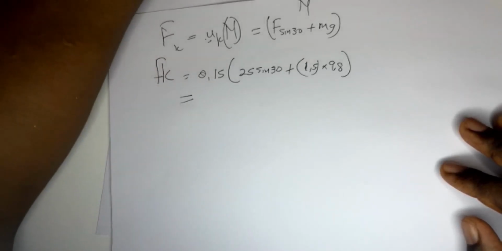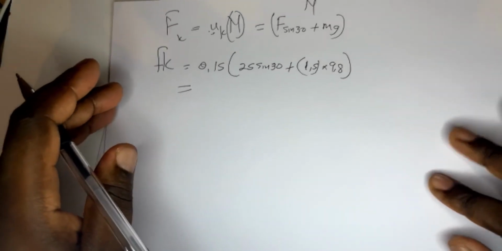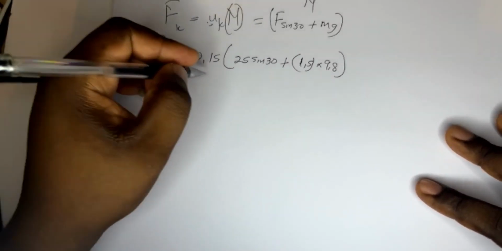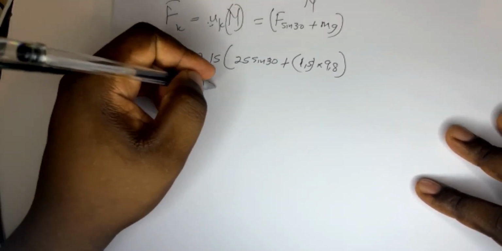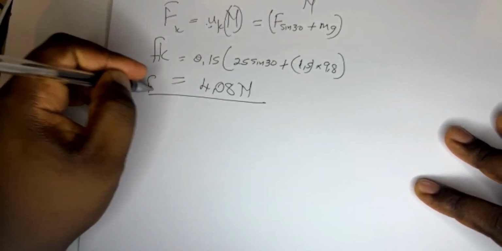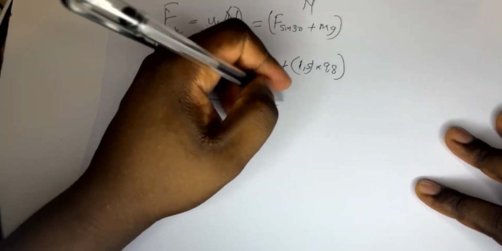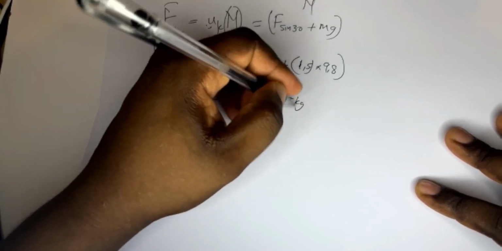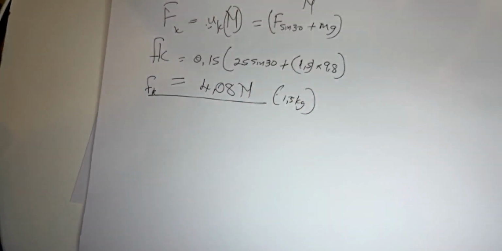When you substitute on a calculator, let me see, what do I get? Okay, I'm getting, 2 decimal places, don't forget, is the final answer. I'm getting Fk on the block of 1.5 kg, which is equal to 4.08 newtons.